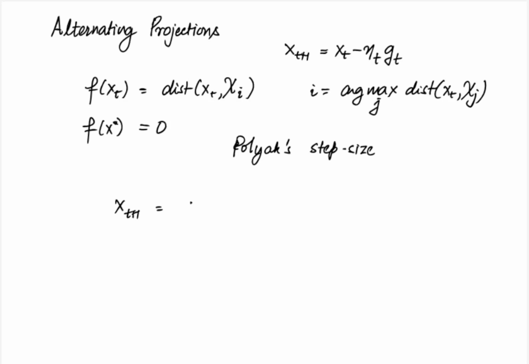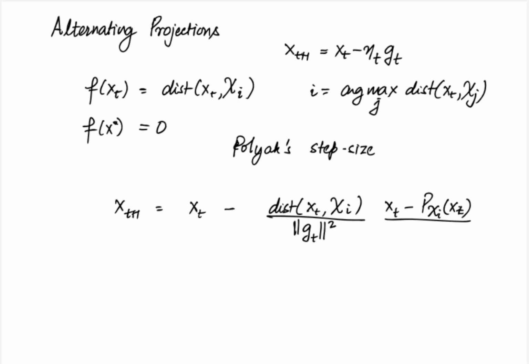Therefore, the update is given by xt minus the distance of xt divided by the norm squared of gt, times xt minus P_xi of xt divided by the distance of xt from calligraphic xi. Note that here the norm squared of gt is 1, so things cancel out and we get the algorithm xt plus 1 equal to the projection onto calligraphic xi of xt, where i is simply t mod 2.